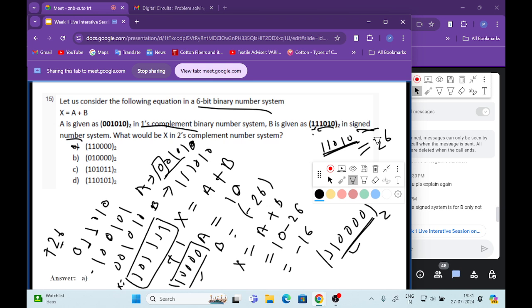Just check whether it is coming or not. Since the MSB is 1, I am taking it as a minus, because it is written here signed number system. Now we have to take a positive number, that means 26.